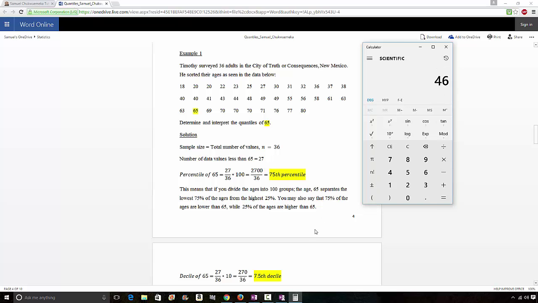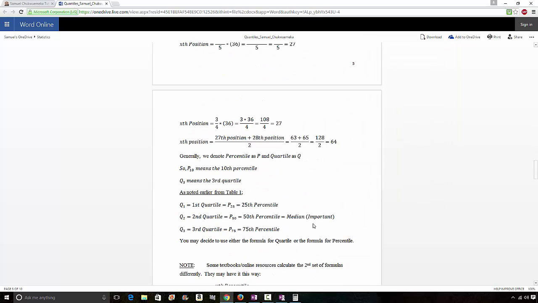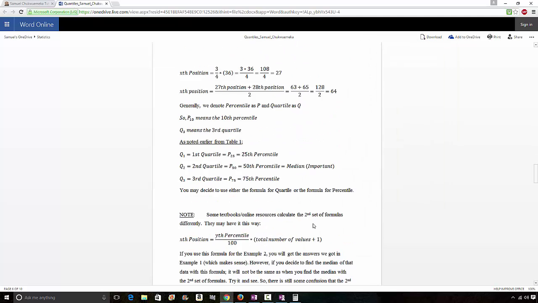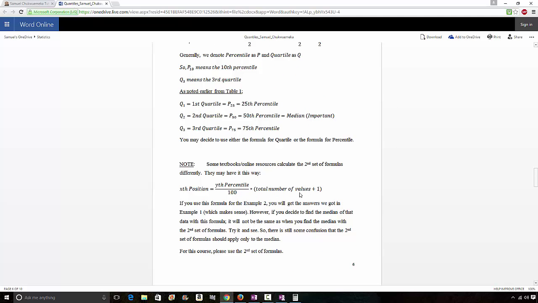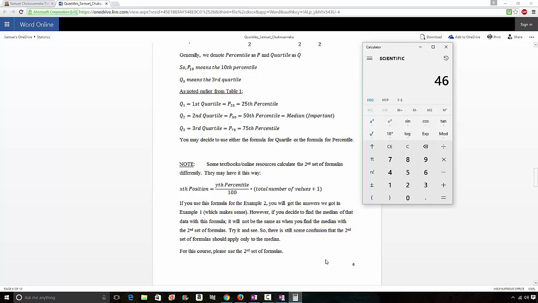Now, if we use this formula right here for the 50th percentile, we'll be looking at 50 over 100, which is 0.5, times 37 instead of 36. And that gives us the 19th value if we round up. That is a big problem.